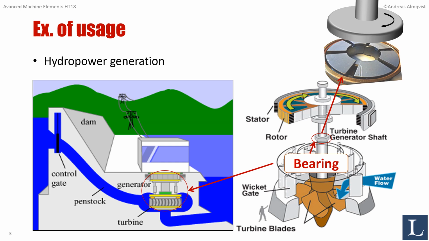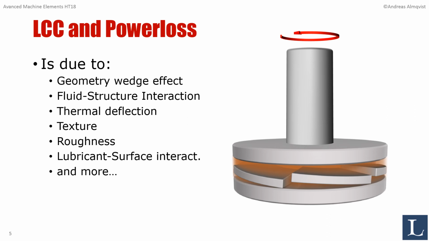Okay, so hopefully the rotation of this collar drags the lubricant on these inclined bearings, and that generates the lift necessary to carry the load. Okay, the load carrying capacity and the power loss, they are due to several things.